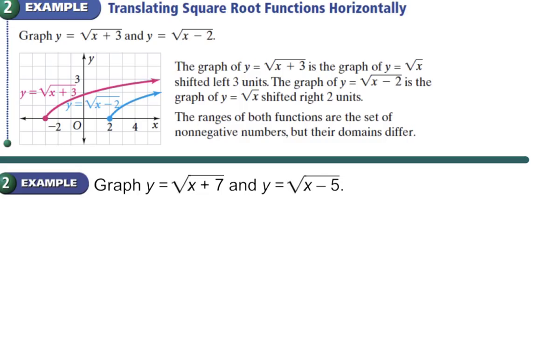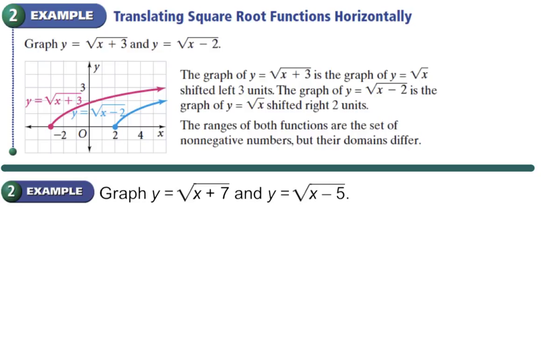Movements. Translating square root functions horizontally. So now, whoops, not what I wanted to do. There we go. All right, just like before. Okay, so we have this plus 3 inside of the radical. So this means instead of going to the right 3, we are going to go left 3.